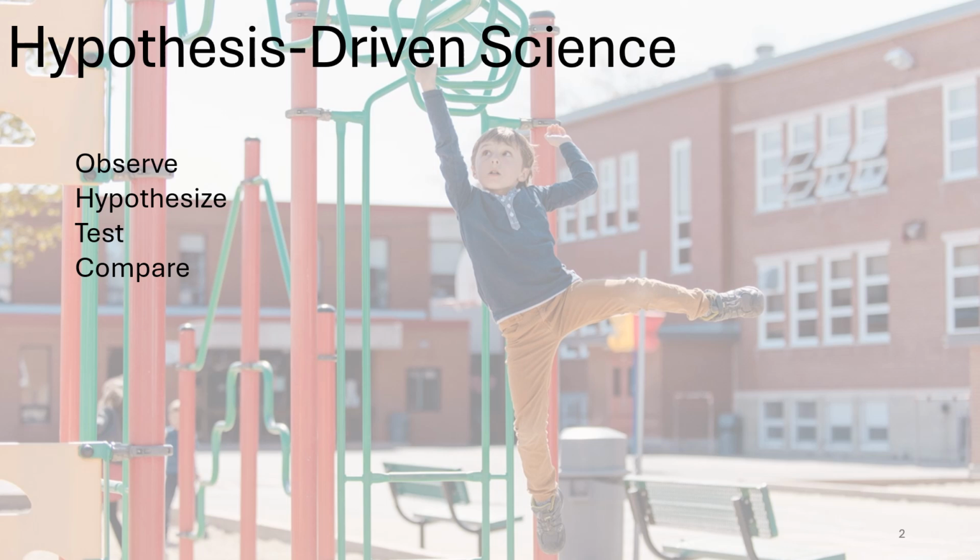Hypothesis-driven science typically follows a series of steps, called the scientific method. The scientific method is a loose set of guidelines for discovery intended to lead a scientist from an observation to an explanation.